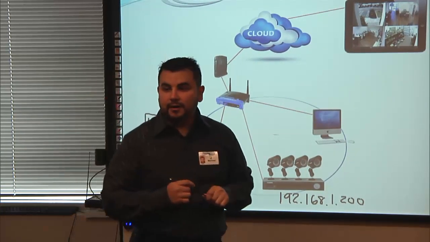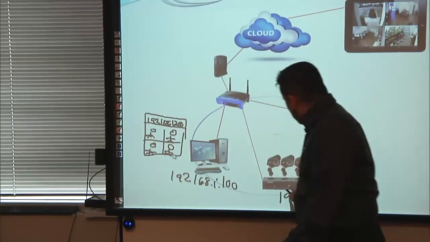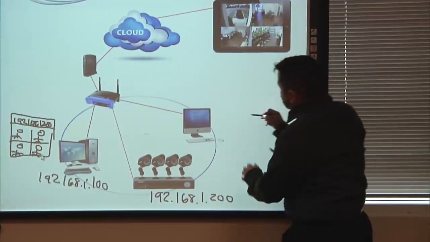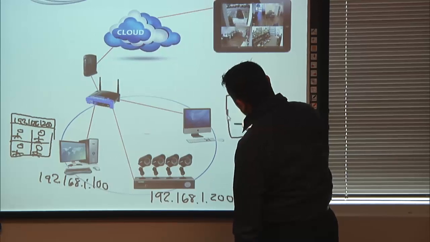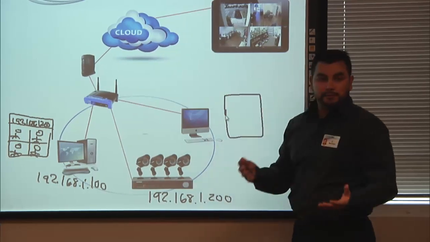He can see Chris over there doing his thing, and so on, and he can see everything from one web page. The other way these systems work is that sometimes there's a program, and that program can be by the manufacturer or by somebody else.